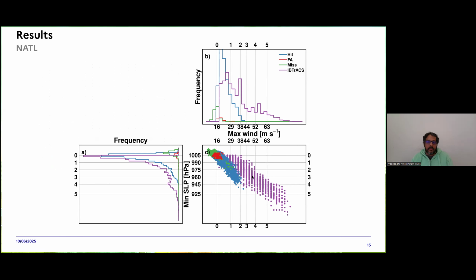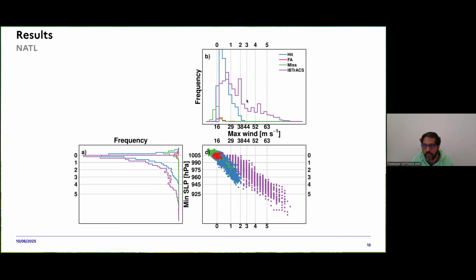So yeah, here. I've done this same analysis, but over this plot, which is the minimum sea level pressure against the wind. The wind is the x-axis and the y-axis is the minimum pressure. We have the same populations: the hits, the false alarms, the misses, and the observation in purple. What you can say is that in ERA5, you don't reach the same intensity as the observation for the wind.